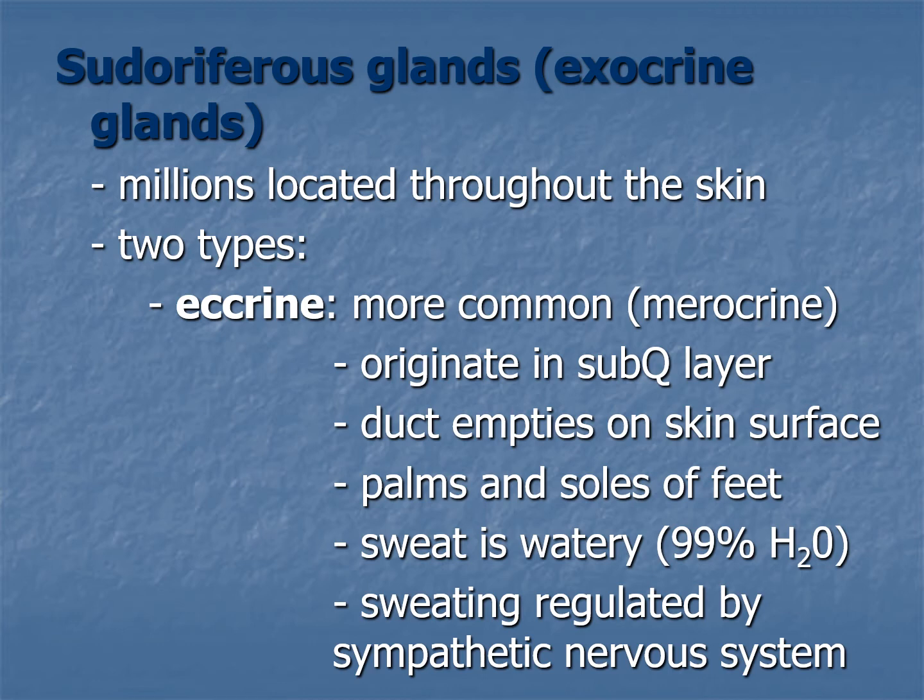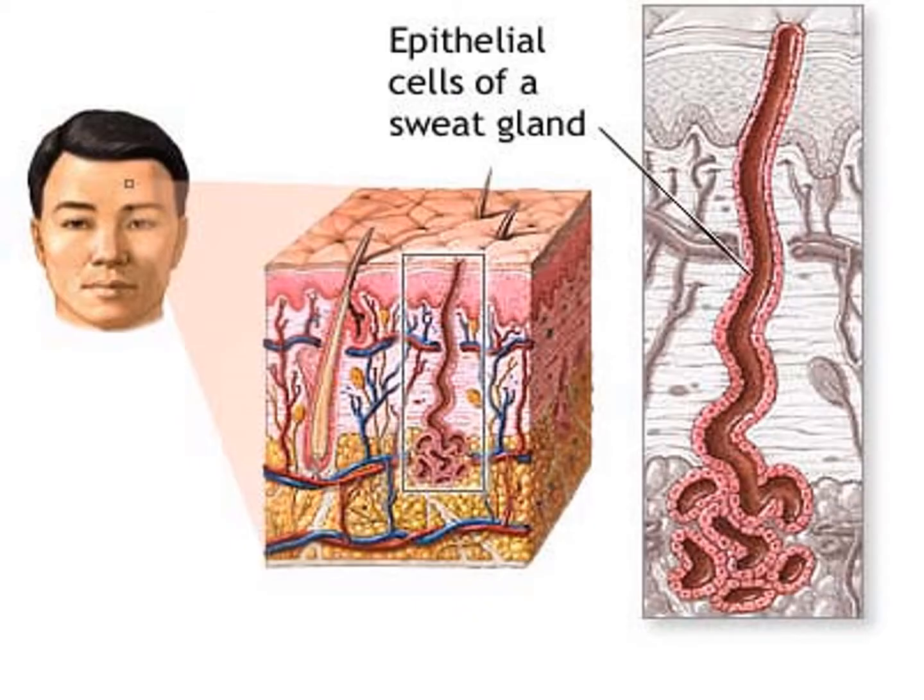They are more predominant over the axilla, palms, and soles, and the secretion is 99% water, but their regulation is by the sympathetic nervous system. This is the sweat gland, a coil-like structure present in the deeper dermis, and the duct opens over the surface.